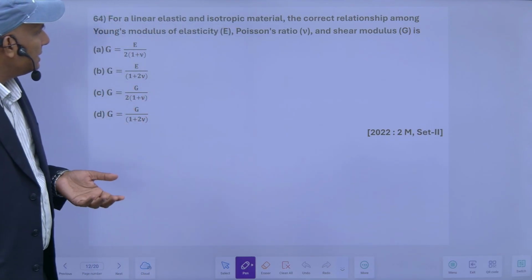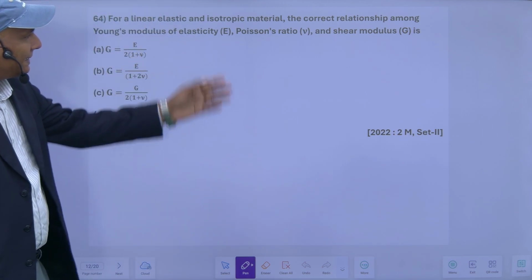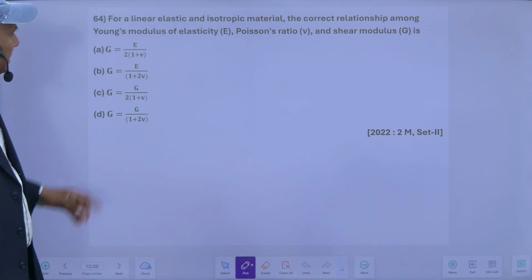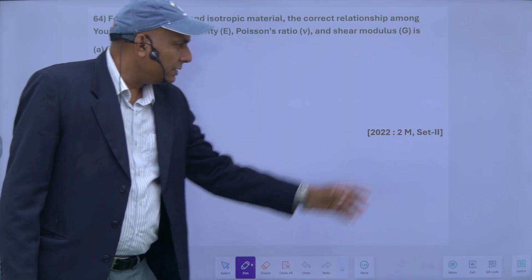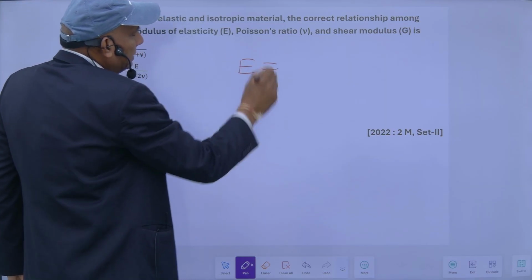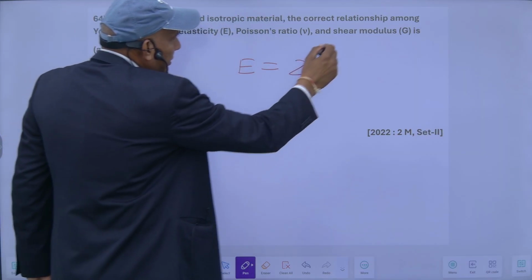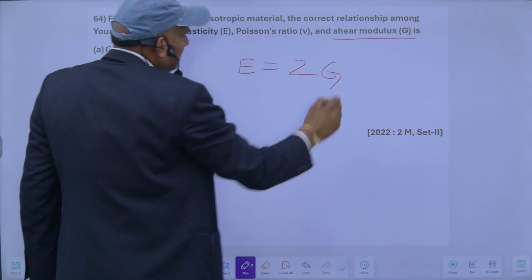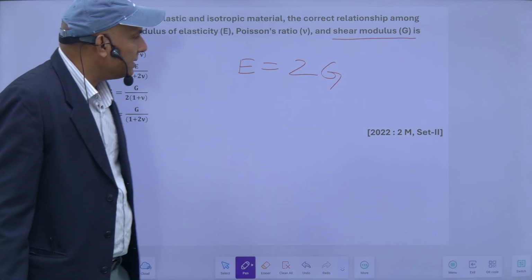For a linear elastic and isotropic material, the correct relationship among Young modulus of elasticity, Poisson ratio and shear modulus is this one. So this is very simple. E is equal to 2 into shear modulus G. In some books, it has been written as N or G, whatever you can see.